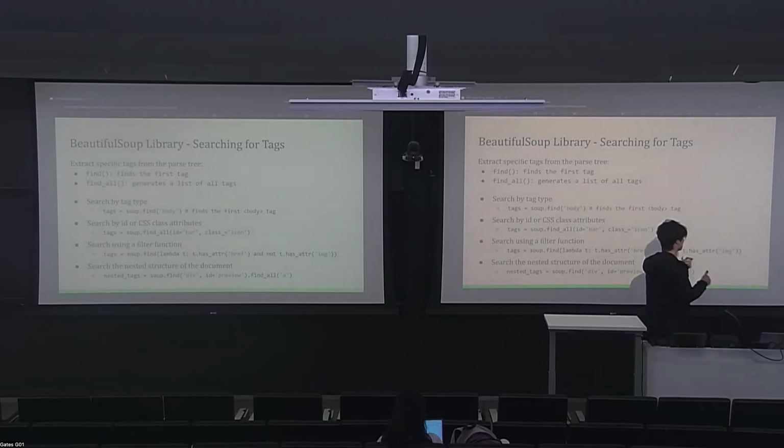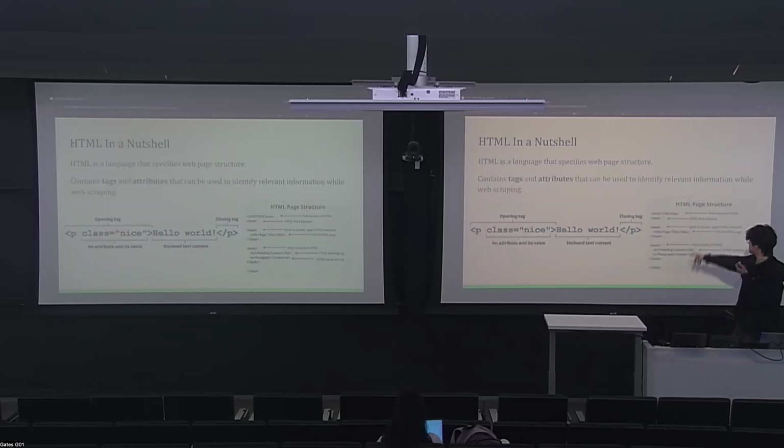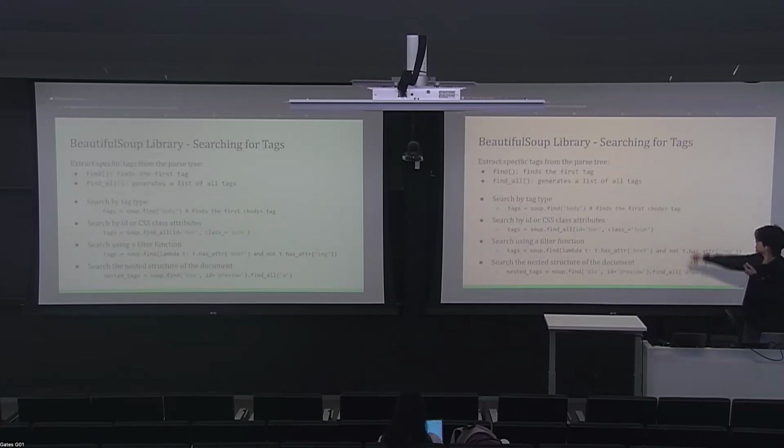Get what you need. Searching for text: how do you find the information? If we want to find, for example, the heading content, how do we do it? We can just find the first tag, or use functions called find_all to retrieve specific things.